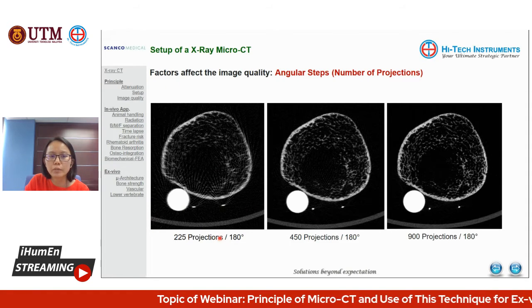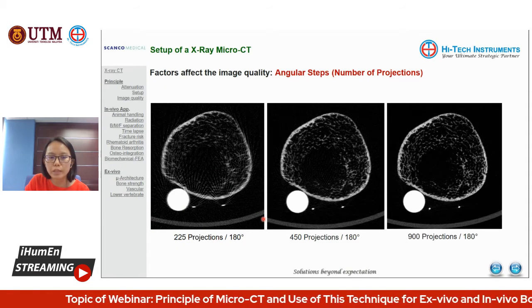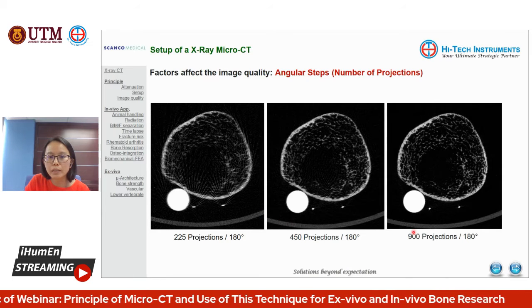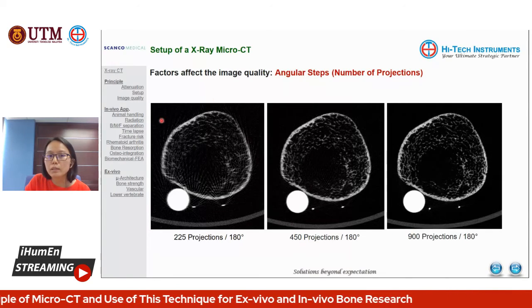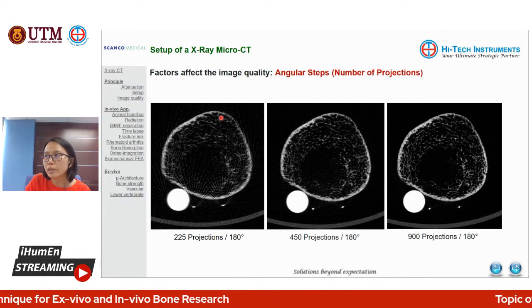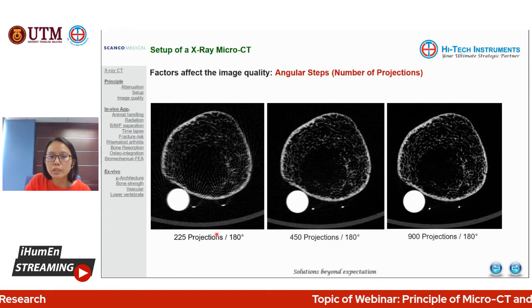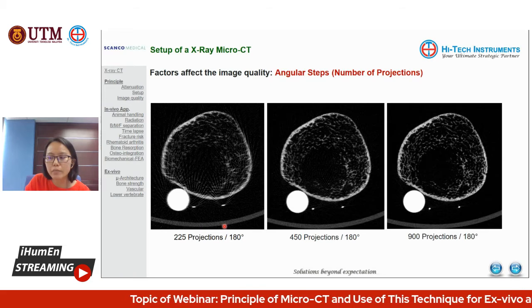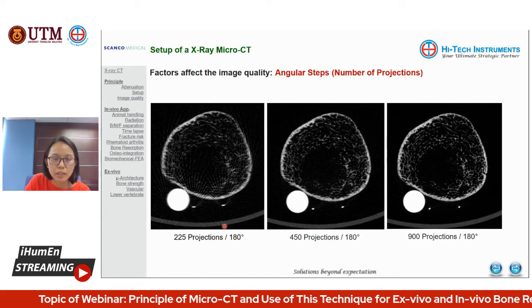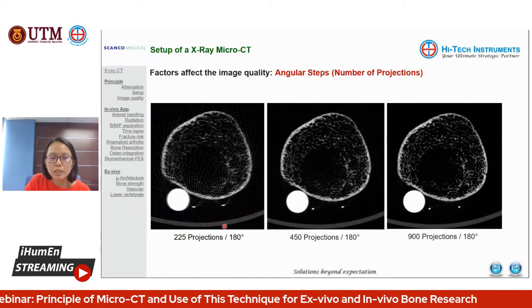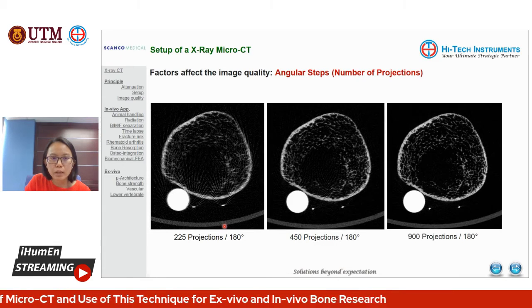225 projections over 180 degrees, 450 and 900 projections. For the quality of the image you capture here, you can see it improves when we increase the projection number. For 225 projections over 180 degrees, it means that every 0.8 degree of rotation, one piece of data is captured.